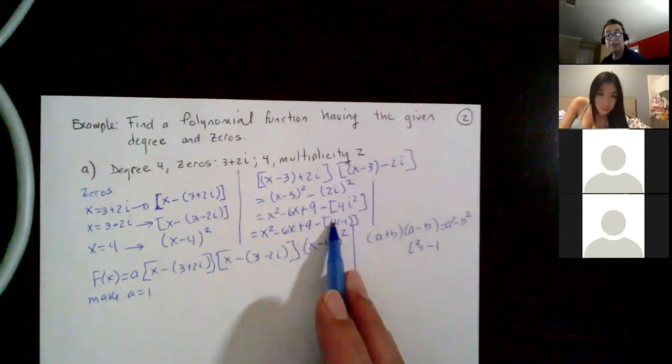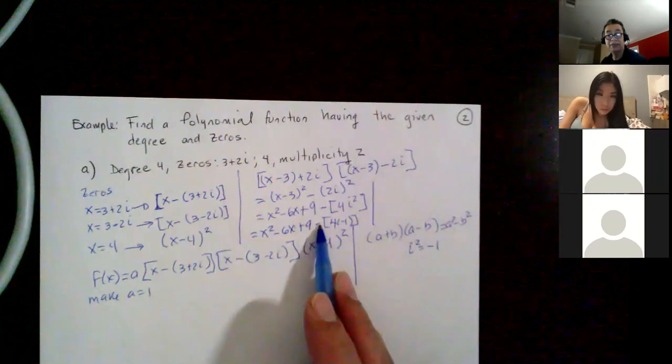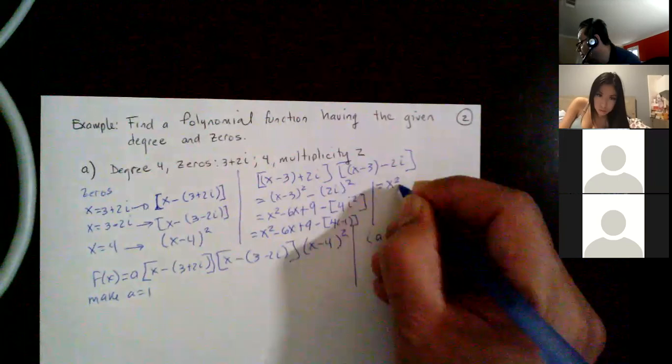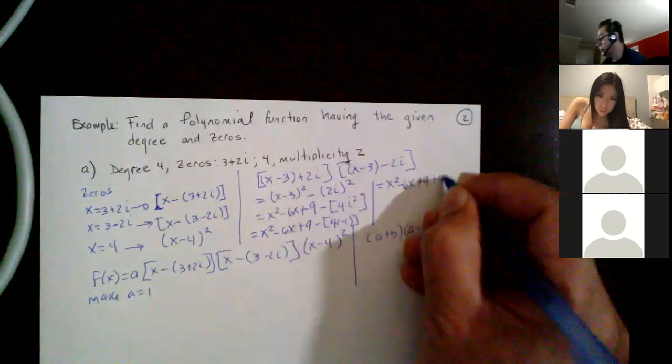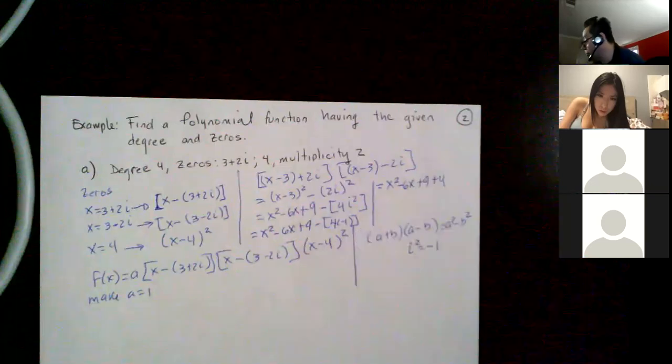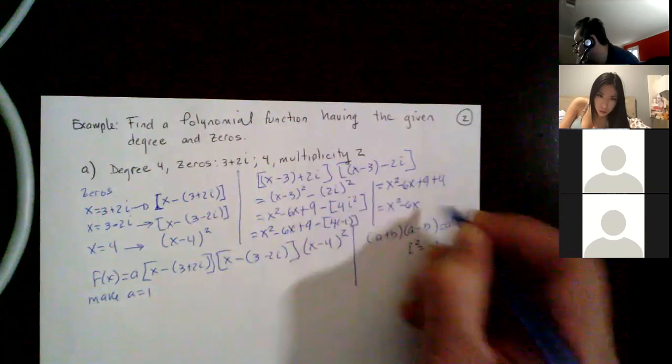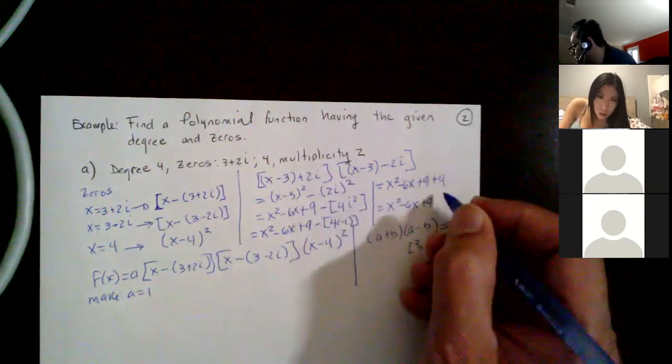This negative 4 with this negative becomes positive, right? So that would be x squared minus 6x plus 9 plus 4, correct? And if we put it together now, that would be x squared minus 6x plus 13, since 9 plus 4 would be 13.